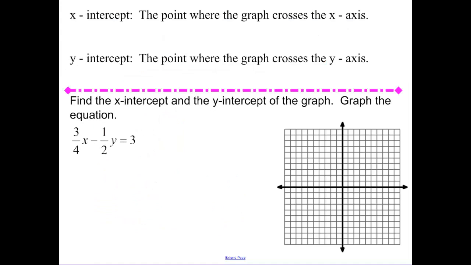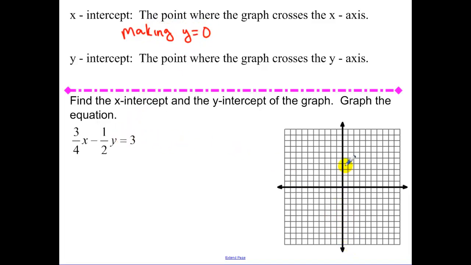Okay, x-intercept, the point where our graph crosses the x-axis. If something crosses the x-axis, think about what the y-coordinate would be. Our y-coordinate for any point on the x-axis is 0. So we find our x-intercept by making y equal to 0.